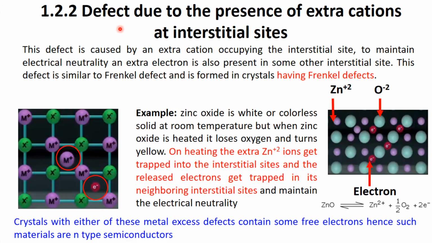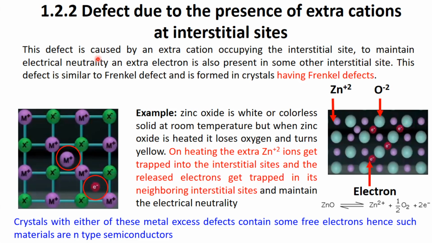Another non-stoichiometric defect is the defect due to the presence of extra cations at interstitial sites. This defect is caused by an extra cation occupying an interstitial site.